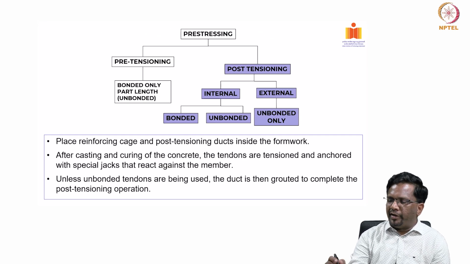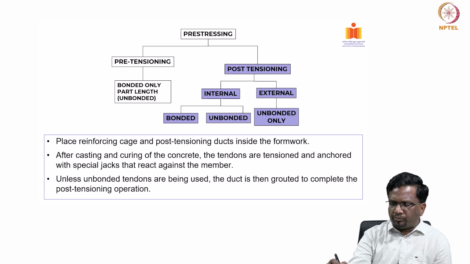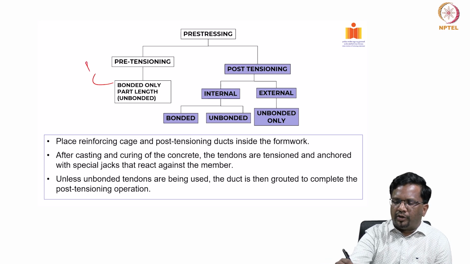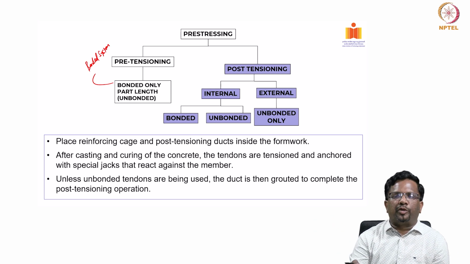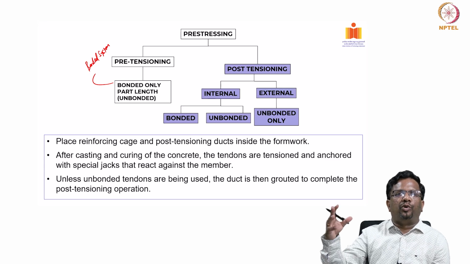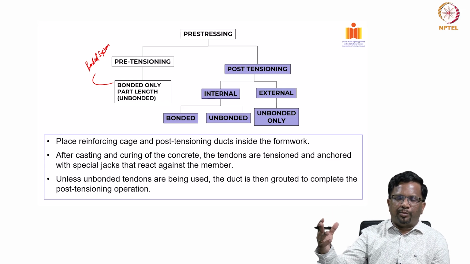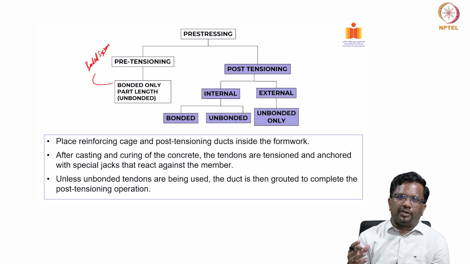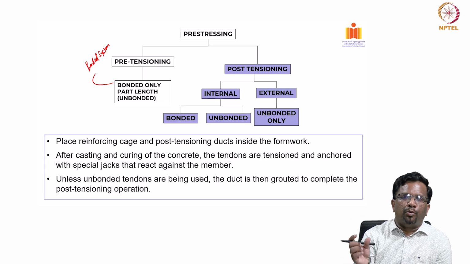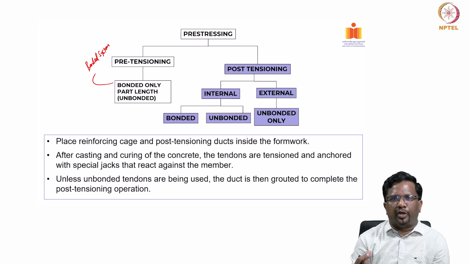Now, in pre-tensioning, they are always bonded system because through bond with concrete only the pre-stress gets transferred. But sometimes at the anchorage zones, if you want to avoid premature failure or avoid cracking, some of the pre-stressing strands will be unbonded by having some kind of a splice.